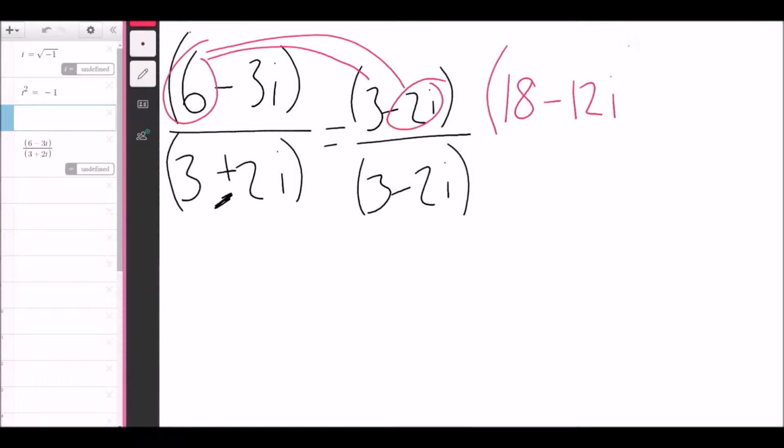And then you're going to multiply -3i times 3, which is going to give us -9i, minus -3i times -2i. So that's going to be minus 6i squared.